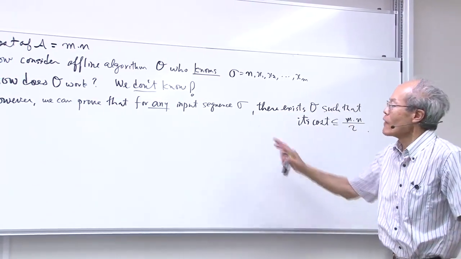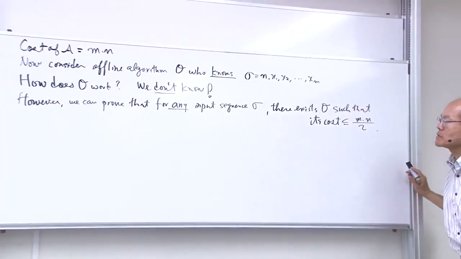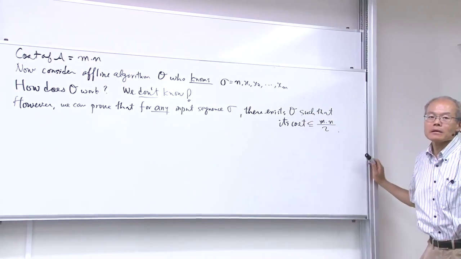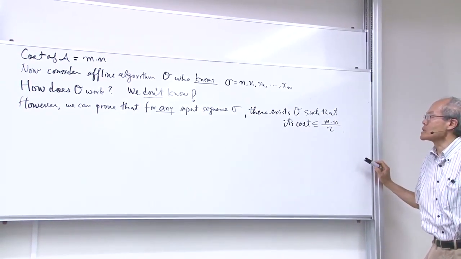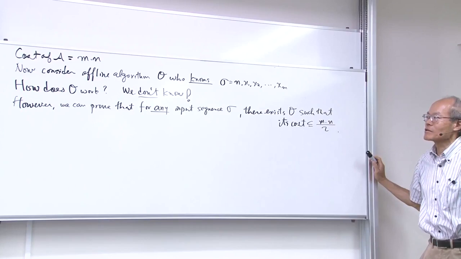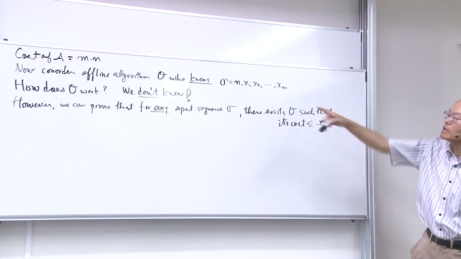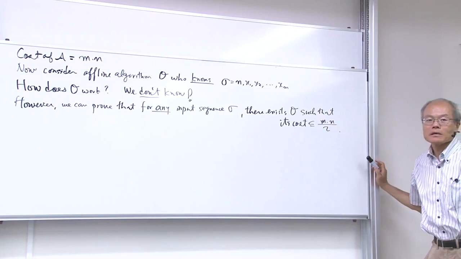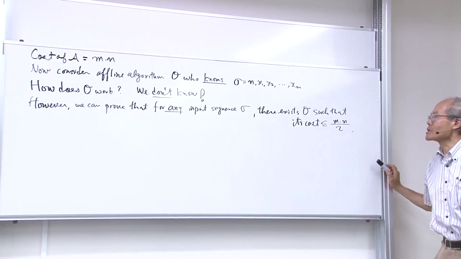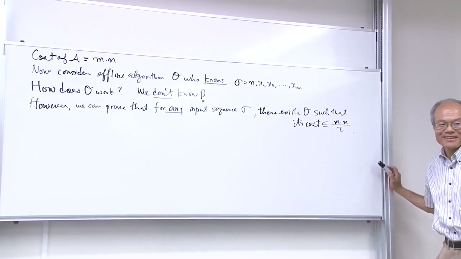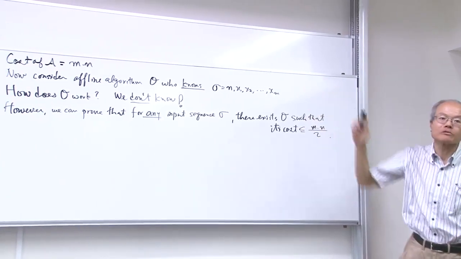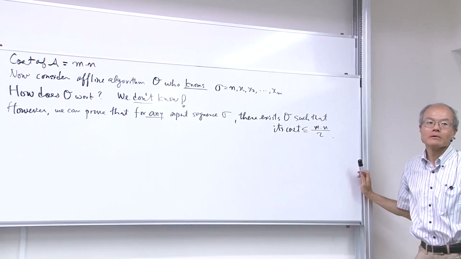For any input sequence sigma, there exists some strategy O such that its cost is 1/2 of the cost of A. The cost of A is m times n, and this is 1/2. That means the competitive ratio of A is at least 2, because the optimal cost is at most 1/2. Right?